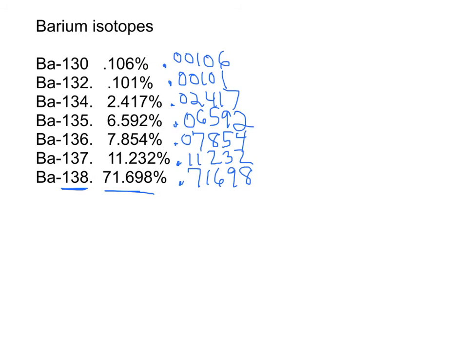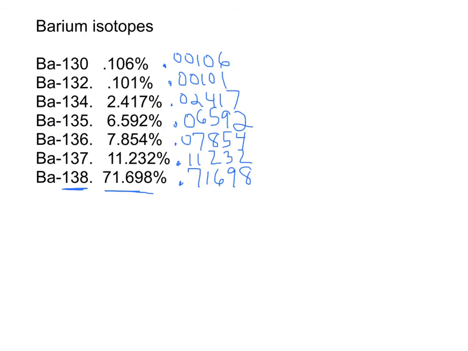So I'm going to expect my average to come out fairly close to 138, although because all of the other isotopes are lower than 138, I'm going to expect the average to be less than 138, but it should be like 137 point something, fairly close to 138, like 137.7, 137.8, 137.9 would be a reasonable answer to expect.